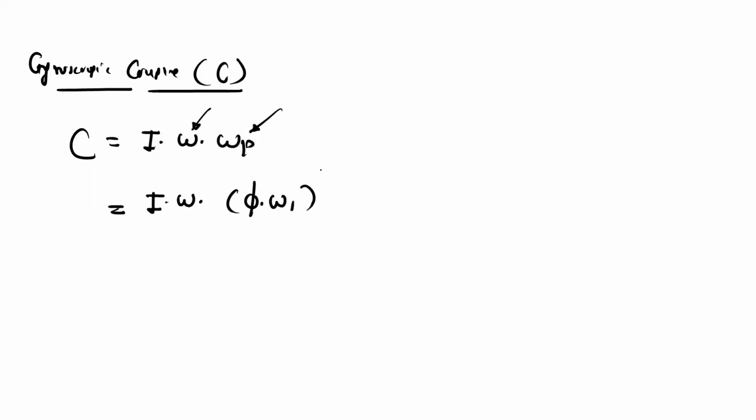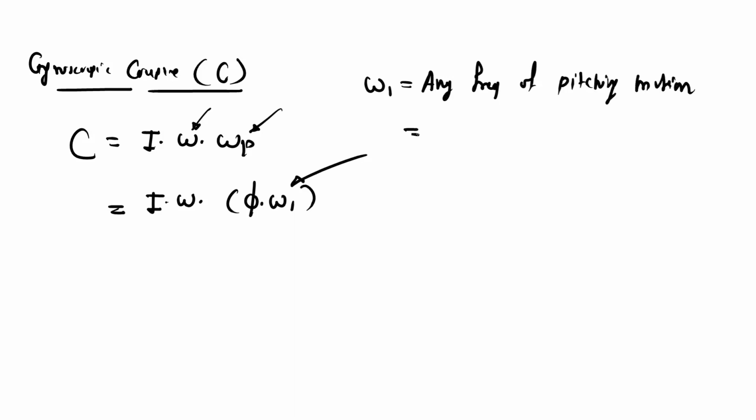So omega 1 is the angular frequency of the pitching motion, and its formula, if you know the time period of the pitching motion, is 2 pi upon t. In some books it is written as 2 pi upon small t p.